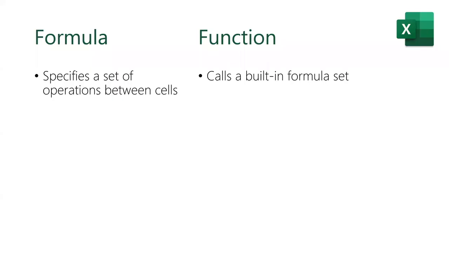So when we say a function, we are typically talking about a command that we type in, like equal to sum, equal to average, equal to count, and so on. We'll see more. There are many more. And when we say a formula, it can simply have direct references, let's say equal to b1 plus b2, or it can have a mixture of the two things. It can use a function as well as references.